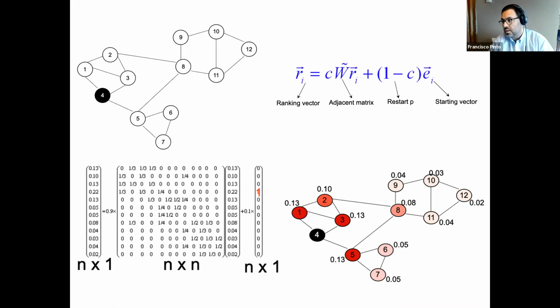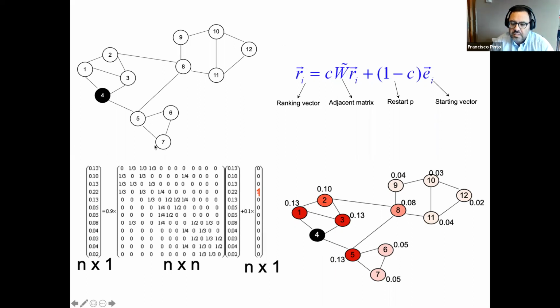And if those alternative paths are also short paths, that also increases the probability of being visited, because due to the restart probability, it's more difficult for the walker to get farther away from the source, because after 4 time steps, it's very likely that you will get back to the source at some point.